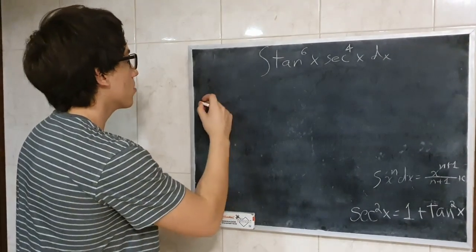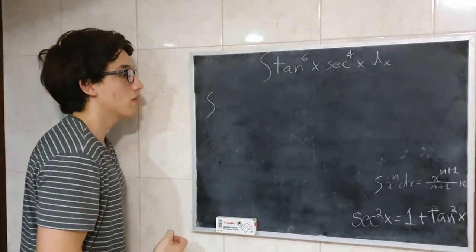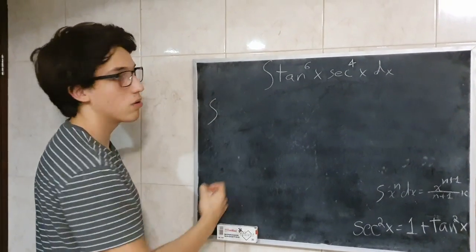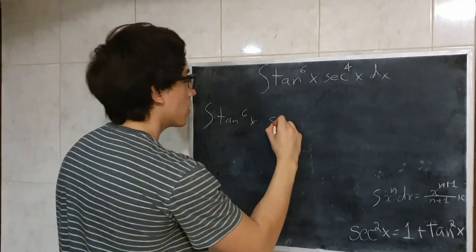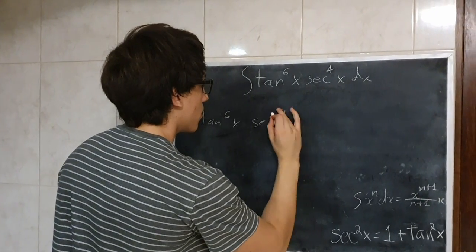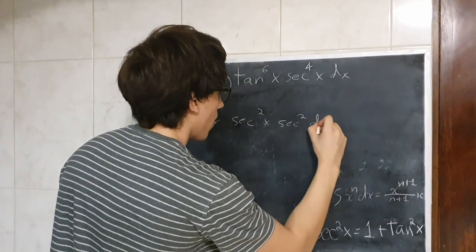Okay, so the first step is we're gonna split secant to the fourth power, so it's easier to work with. So it's tan 6x sec squared.